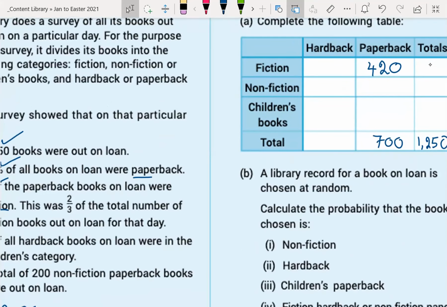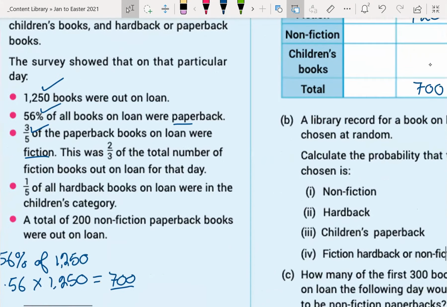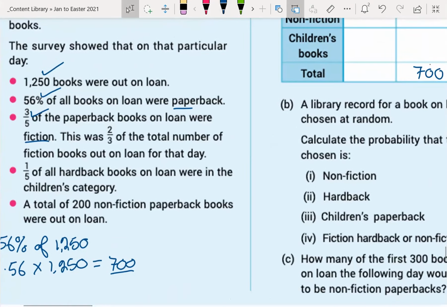Okay, we might come back to that bit. 1/5 of all hardback books on loan were in the children's category. And the last bit: I'm just trying to see is there anything we can put straight into the table there. A total of 200 non-fiction paperback books were out on loan.